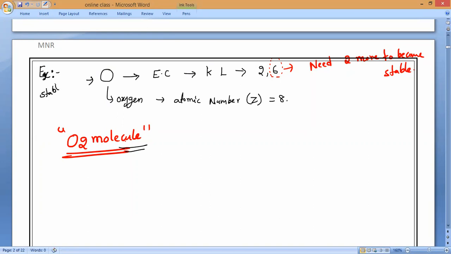Why is it not stable? Because it does not have 8 electrons in its valence shell. That is why the oxygen atom is not stable. Who is stable in nature? The oxygen molecule.